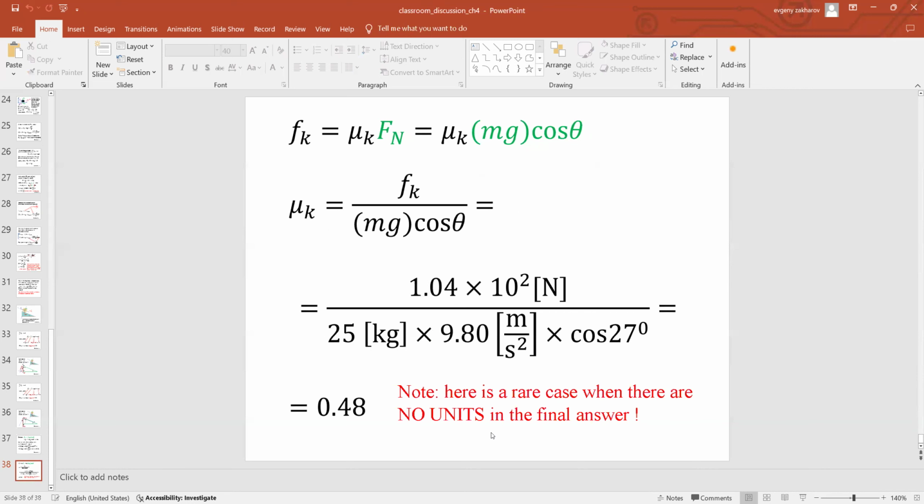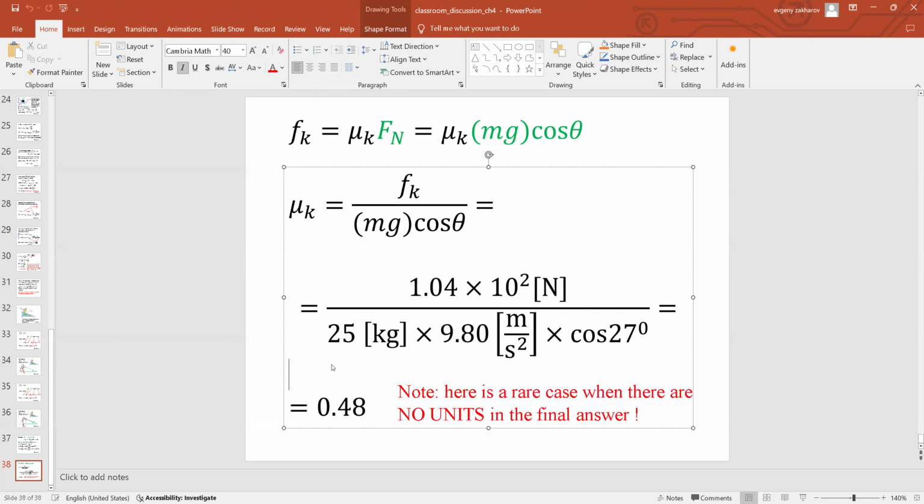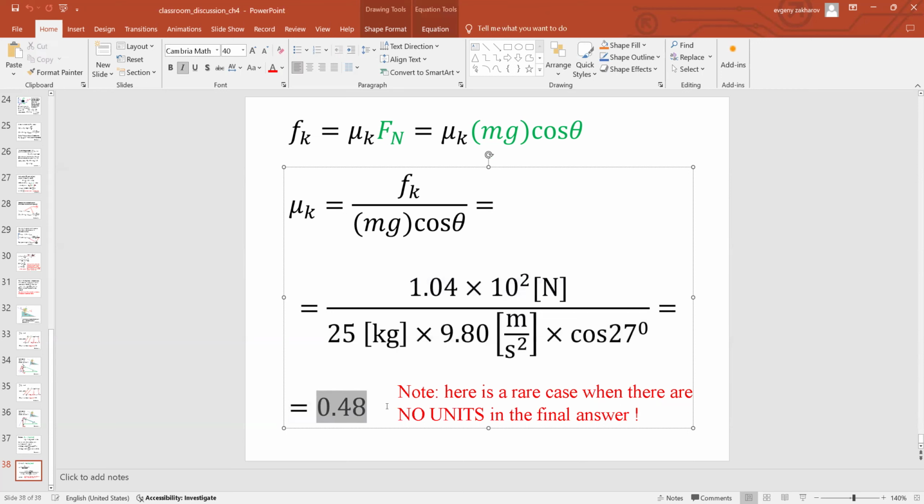This time we want to solve for the coefficient of friction. Make sure no units. This time it's the very rare case when there are no units because it's the coefficient of friction. And practice with your calculators. See, you have an expression, grab a calculator, make sure you get the same answer.